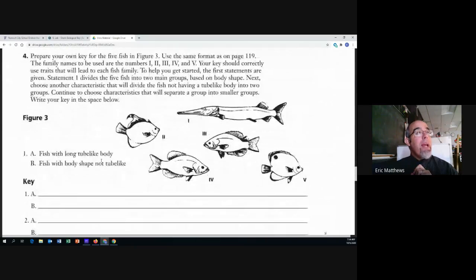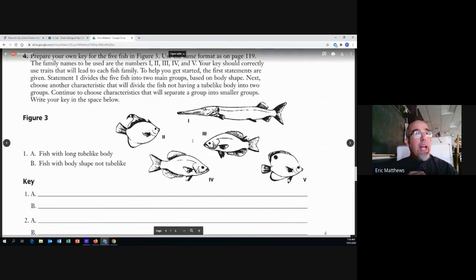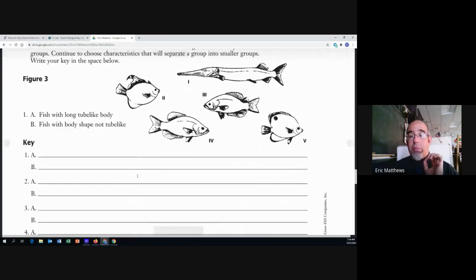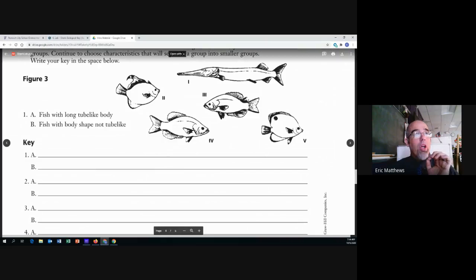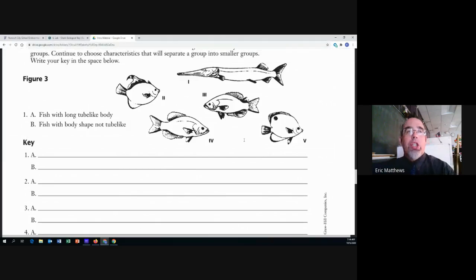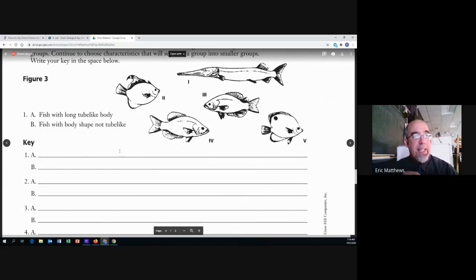Then you're going to make up your own biological key for these 5 fish. And these are just identified as fish 1, 2, 3, 4, and 5. Now, once again, set it up just like we did with the Godzilla Titans. Look through them, identify one with a unique trait that only it has. We identify if it has that trait here, then it's fish 1.